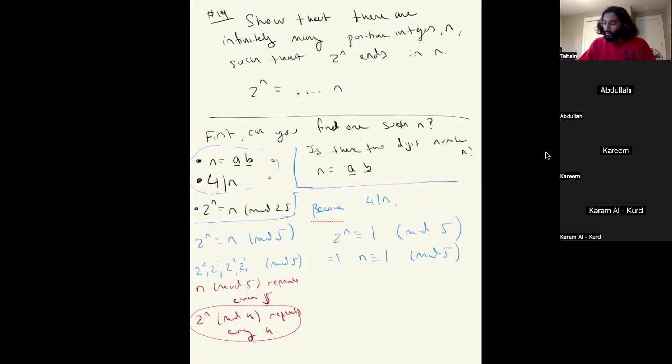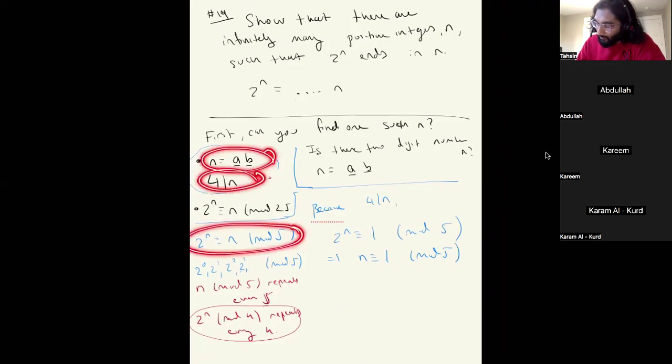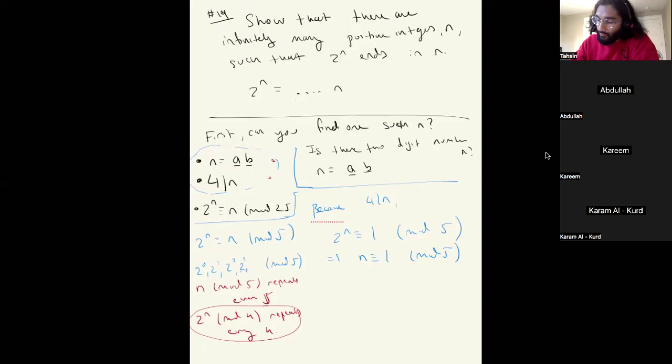So if you just wanted to solve n is 2 digits, n is divisible by 4, and 2 to the n is congruent to n mod 5, all you end up with is 3 things: n is 2 digits, 4 divides n, and n is 1 mod 5. There are not very many numbers that satisfy this.